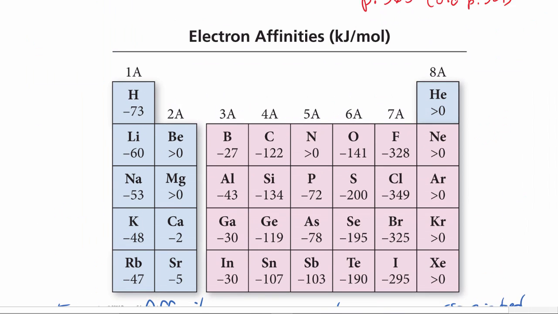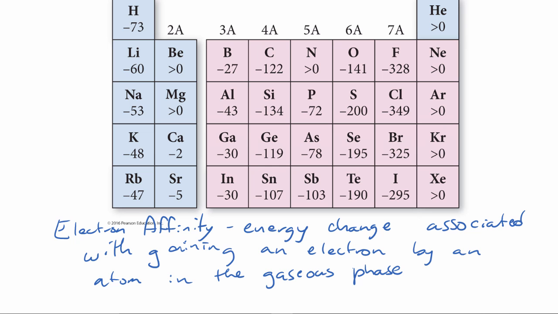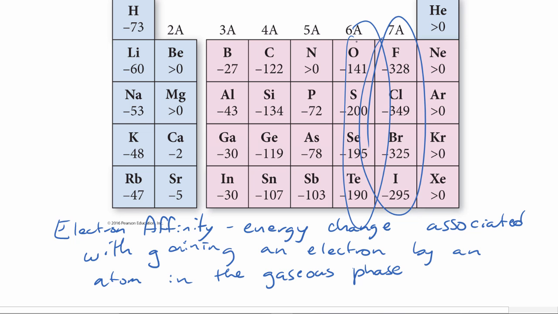Okay, and the last table that's on here is what's called the electron affinity. We say that the electron affinity is the energy change associated with gaining an electron by an atom in the gaseous phase. Now, if you start looking for trends here, there's not any really clear-cut trends other than these here happen to be super negative in values, which means that if you try adding an electron to each one of these out here, it's going to wind up giving off a whole lot of energy.